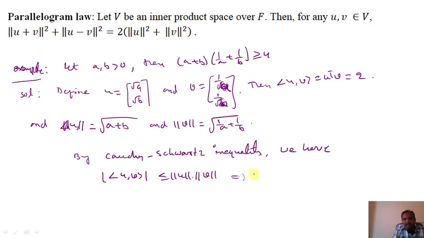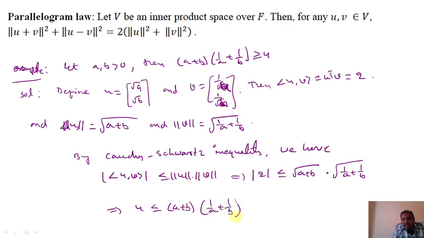Mod of u comma v is 2. Norm u is the square root of a plus b, and norm v is the square root of 1 by a plus 1 by b. Now squaring both sides, you will get 4 less than or equal to a plus b into 1 by a plus 1 by b.